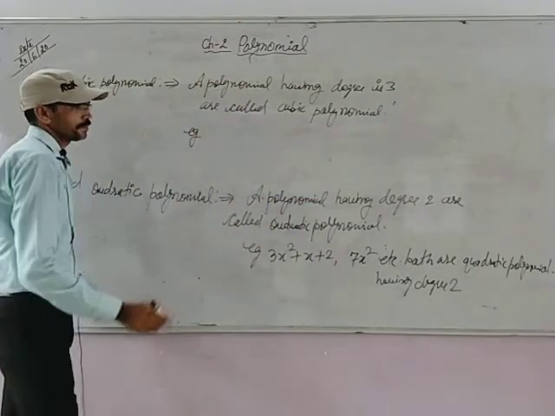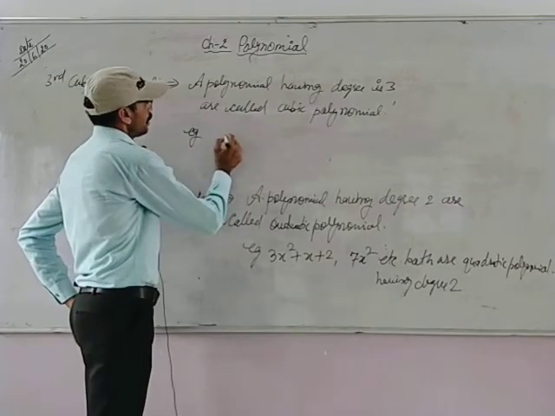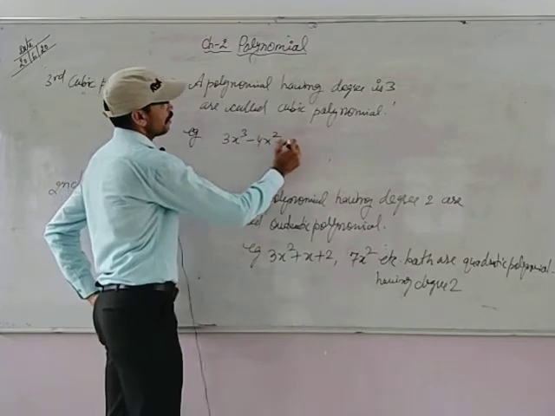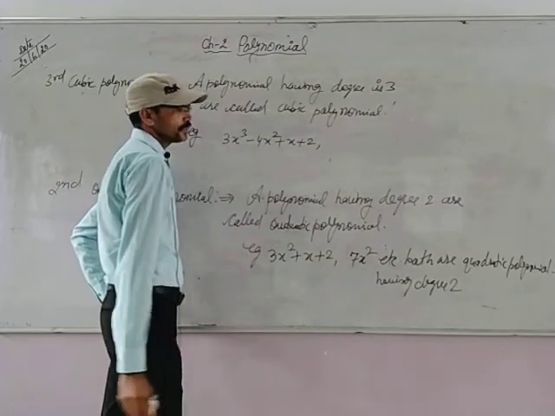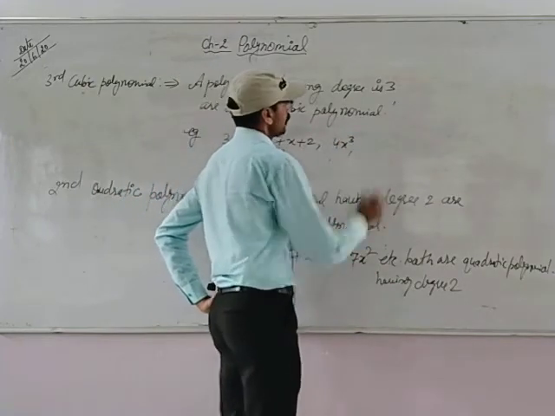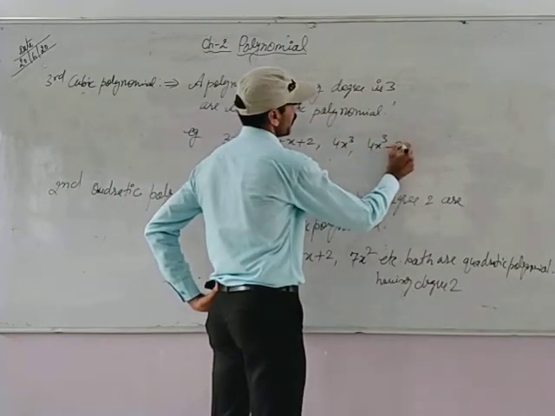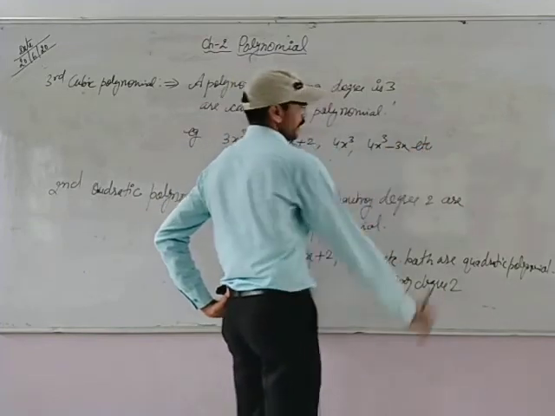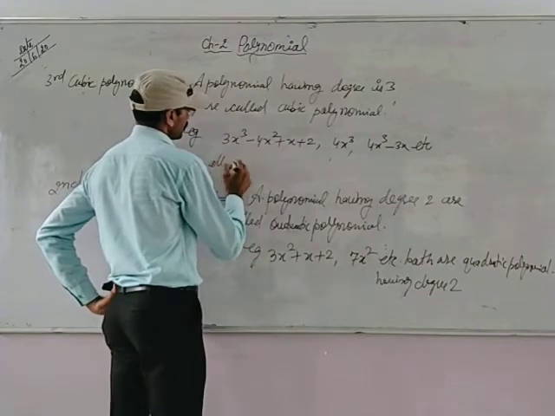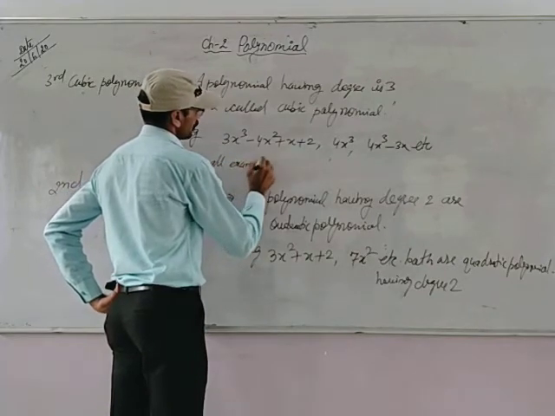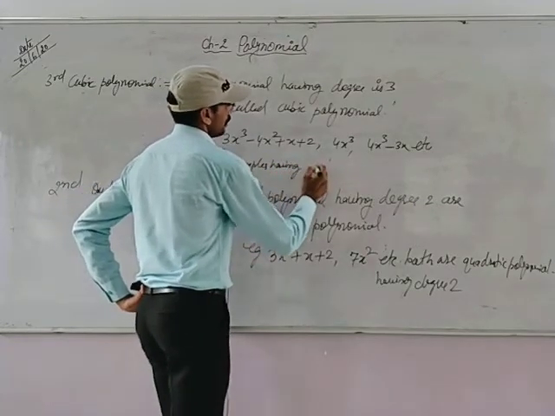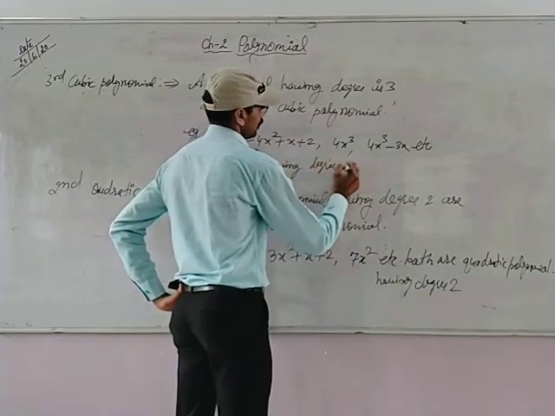Example, 3x cube minus 4x square plus x plus 2, only 4x raised to power 3, 4x cube minus 3x, etc. All examples have degree 3.